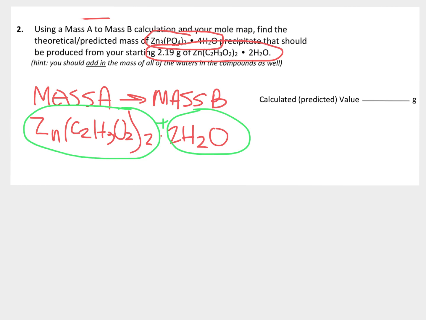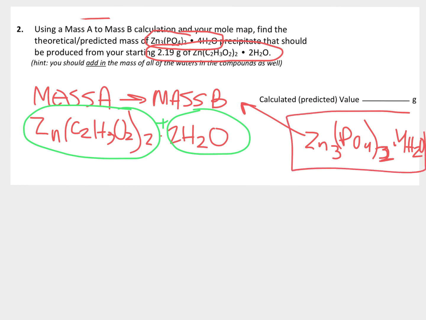The same thing is going to hold true for your mass B object, which is going to be the precipitate zinc phosphate. Zinc phosphate, oops, there's 2, not 3 there, has 4 waters attached to it. So that means when you find the molar mass, you're going to need to take 3 zincs, 2 phosphates, 8 oxygens, plus 4 entire waters added up to give you the total molar mass.